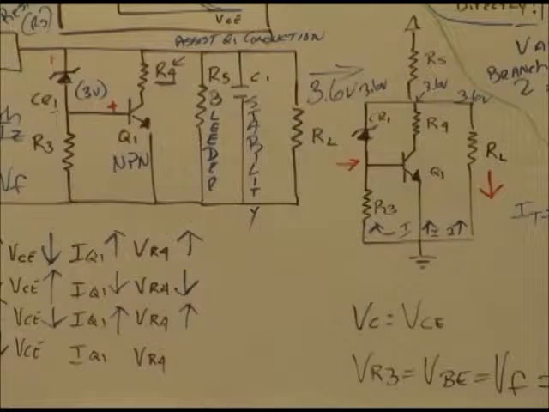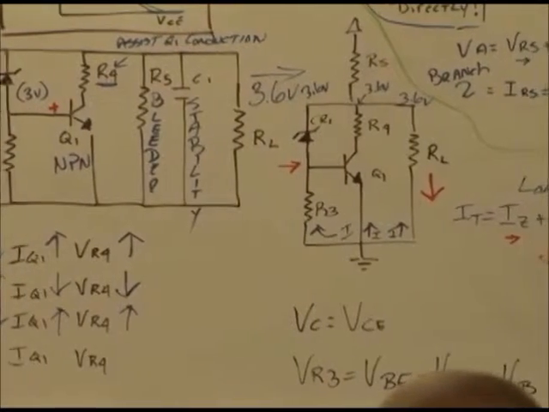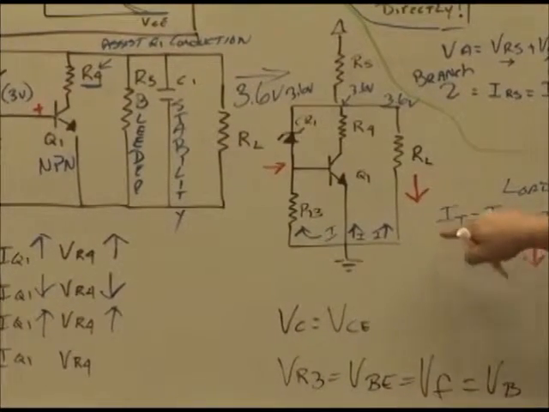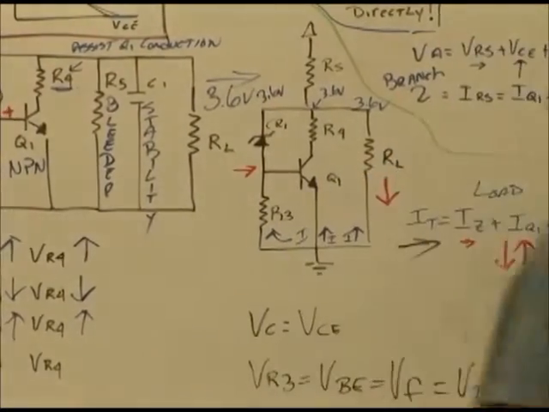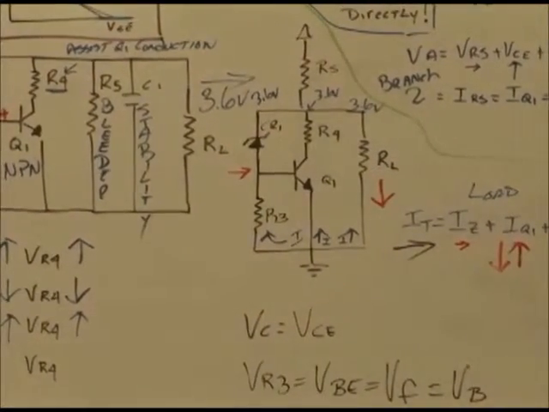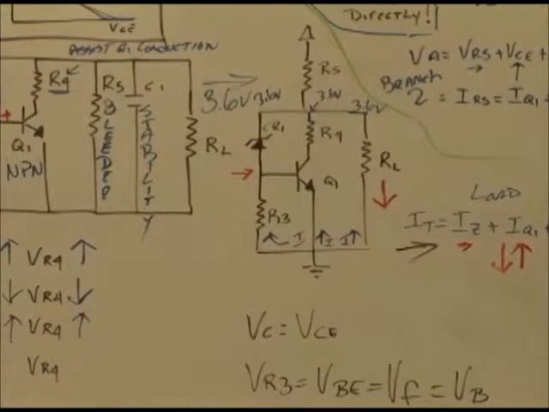Oh, well, if it goes up, what does the branch current here have to do? Hey, guess what? Now we're dealing with Kirchhoff's current law, aren't we? Yes, sir. Hello? Total current has to stay the same, doesn't it? Yes, sir. So now there's where the compensation takes place when the load changes.